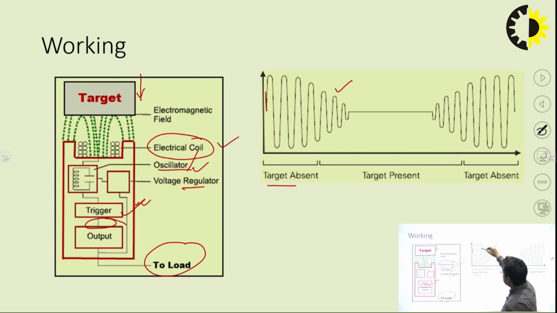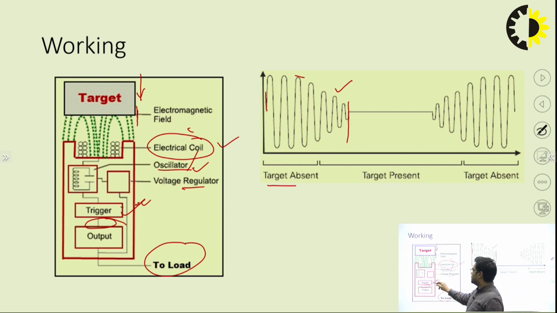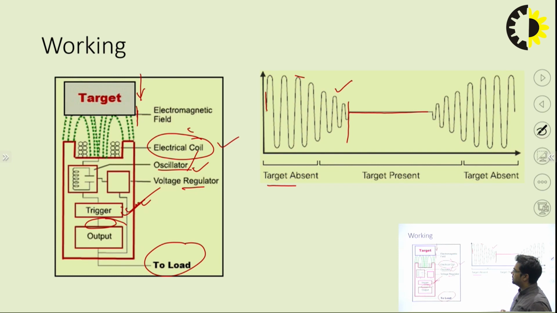But as the object comes nearby, into the range of this sensor, the waveform reduces, and when the target is present, the trigger circuit will trigger and the output is shown like this, indicating that there is some target in the range of the sensor.